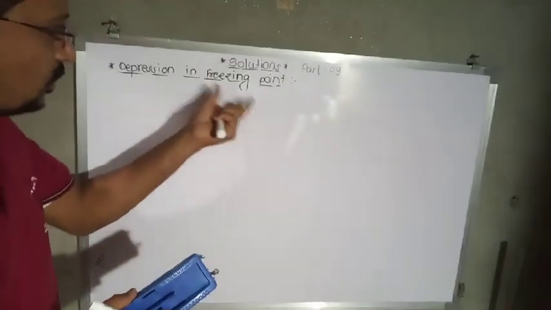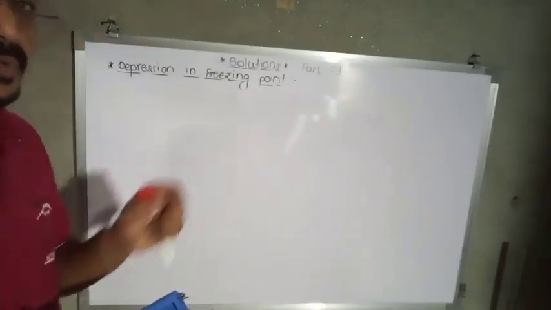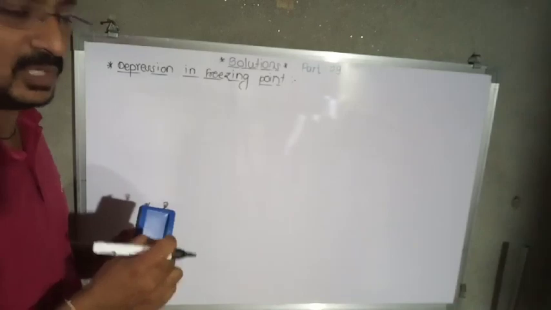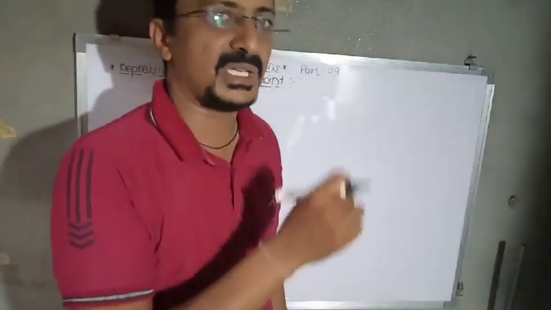That's why now here again we relate this freezing point to the lowering in vapor pressure. To relate the freezing point to the lowering in vapor pressure, for that purpose we just draw a simple graph showing variation between vapor pressure against temperature.